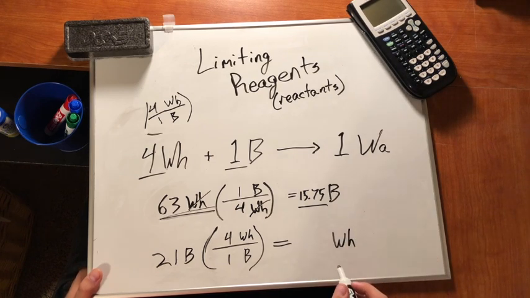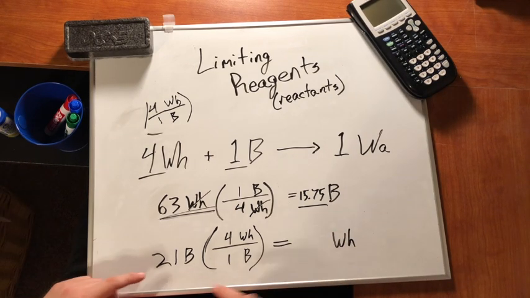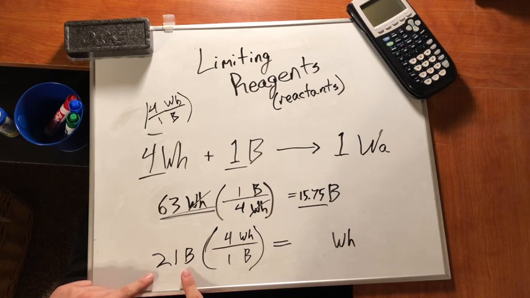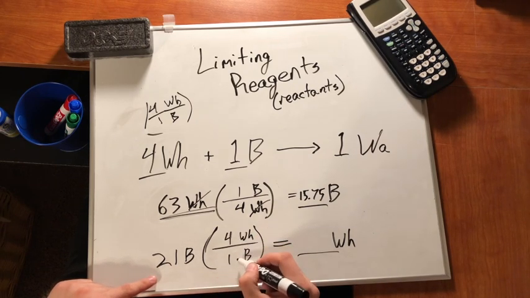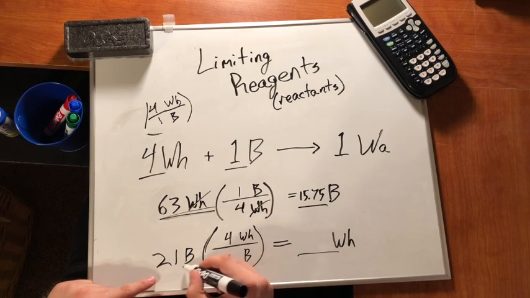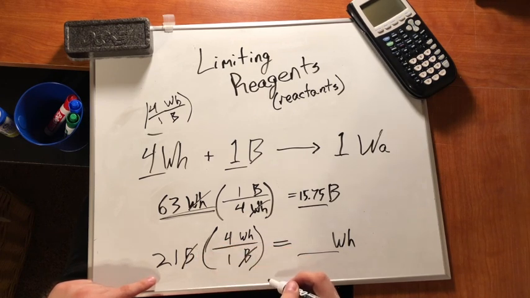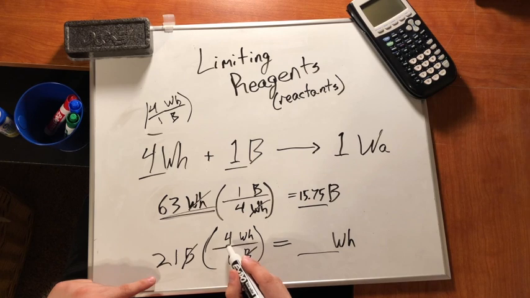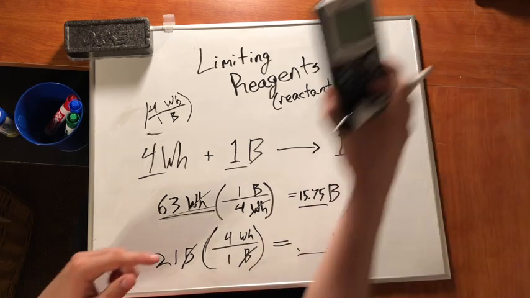So now what I'm doing is I'm starting with the other one. I'm starting here. If I have 21 bodies, how many wheels do I need to use all of these? Okay, and then I'm going to convert this, right? I've set up my conversion factor so that this cancels out. And now I have 21 times 4 is the number of wheels I need to use up all of that reagent.